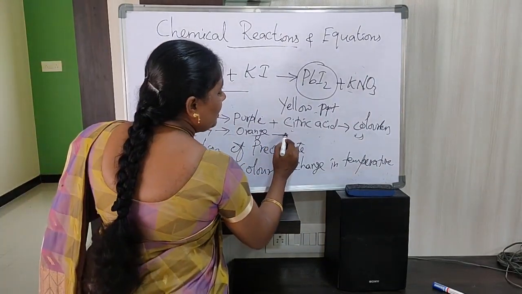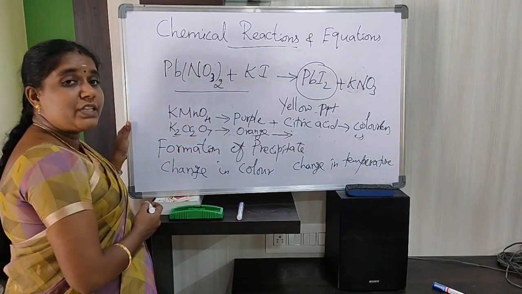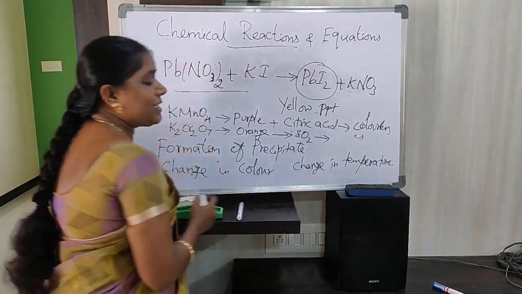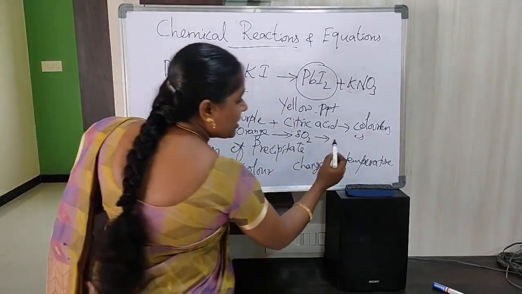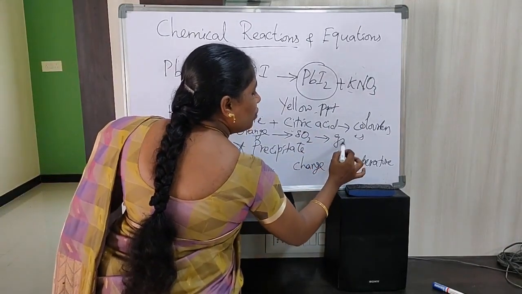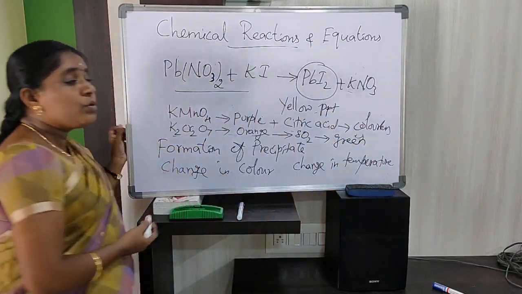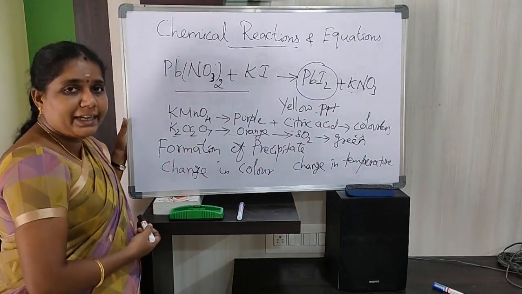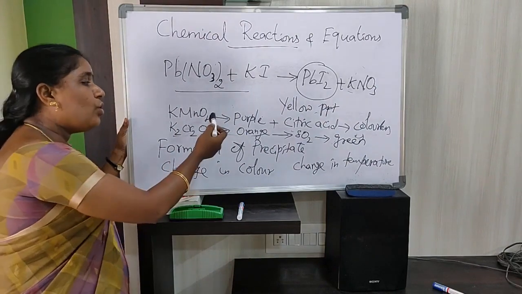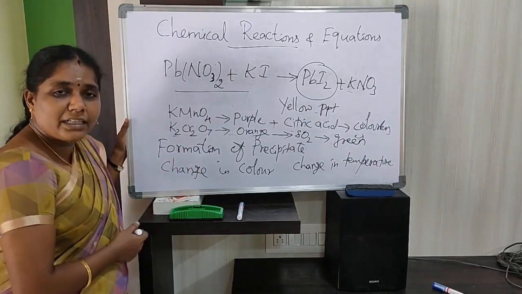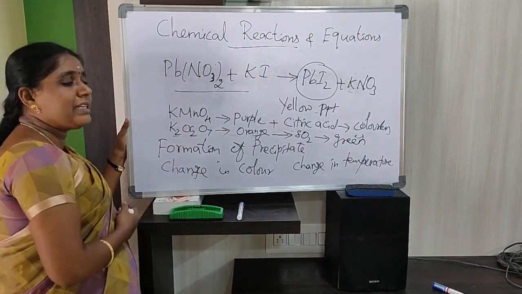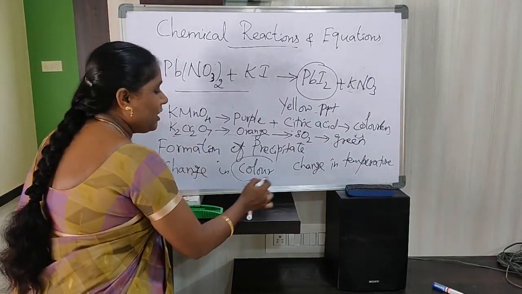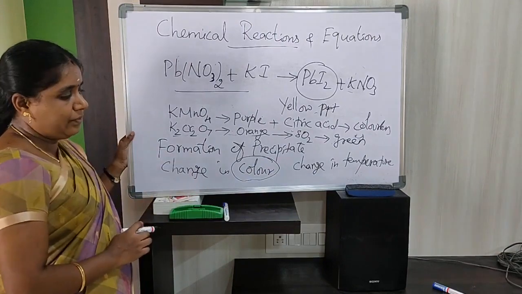If we take this potassium dichromate and pass sulfur dioxide through it, it changes from orange to green color. So by this change in color, we can identify one chemical reaction has taken place. So this is also one of the characteristics of chemical reaction, that is change in color.